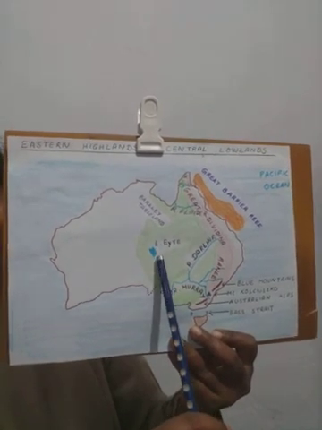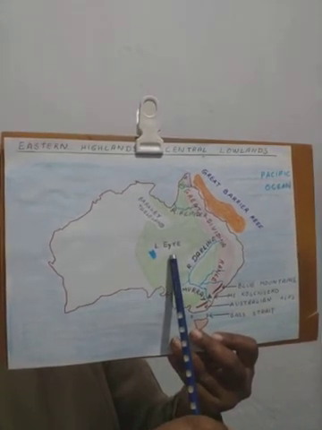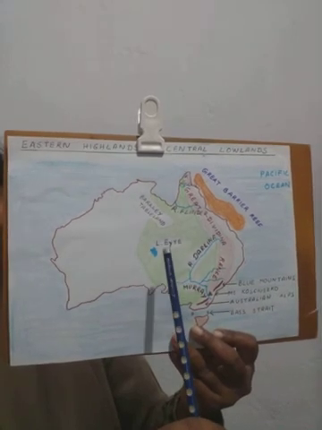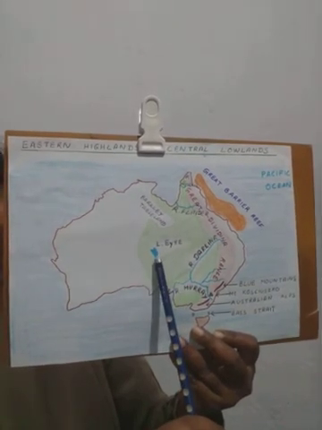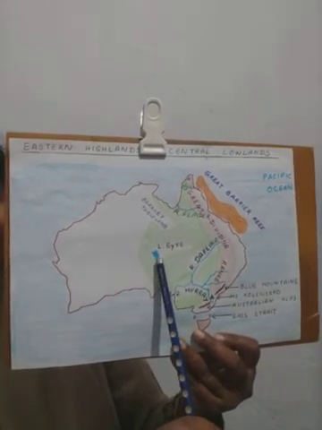Next, in the central part comes our Lake Eyre Basin, which is a region of inland drainage, as many rivers come and disappear here without reaching the sea.